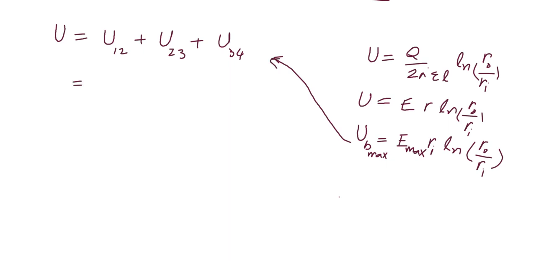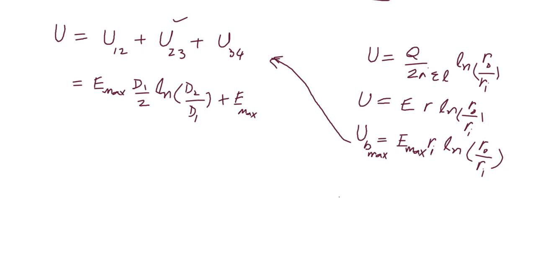So U12 can be written as Emax, and radius will be d1 by 2, because that will be the radius of the conductor itself, and then ln of, either we can put r2 by r1 or we can put d2 by d1. The ratio of the diameters is equal to the ratio of the radius always. Plus Emax for the second term. Maximum electric field is equal at all these interfaces.